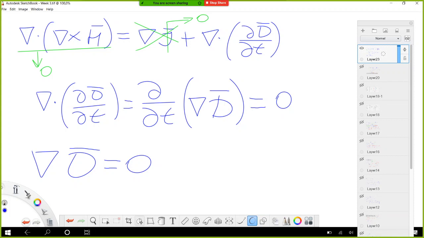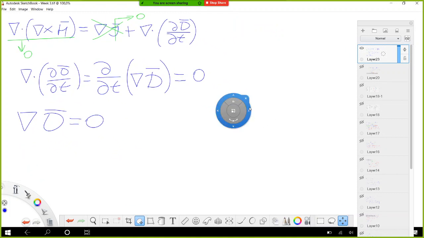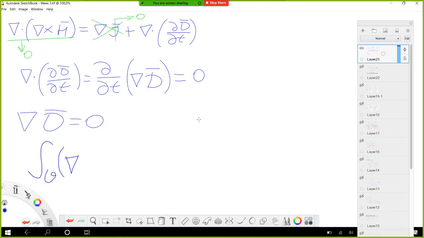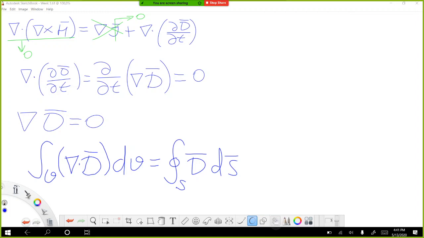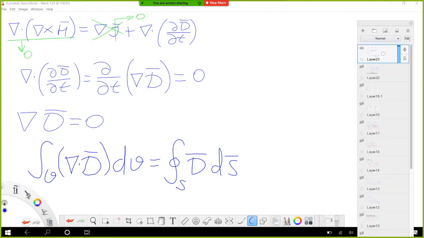Now here we apply again the volume integral over V of the divergence of D, and this is equal to the integral over S of D dS according to the divergence theorem, all this equal to 0.